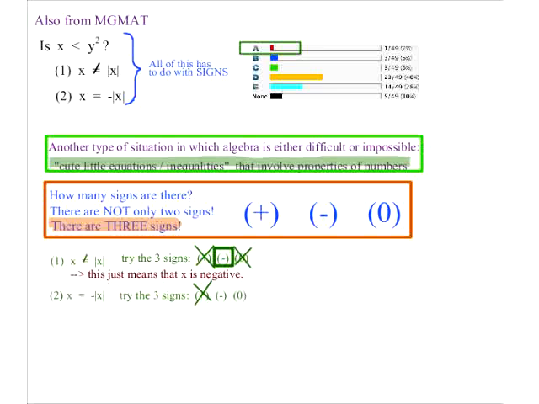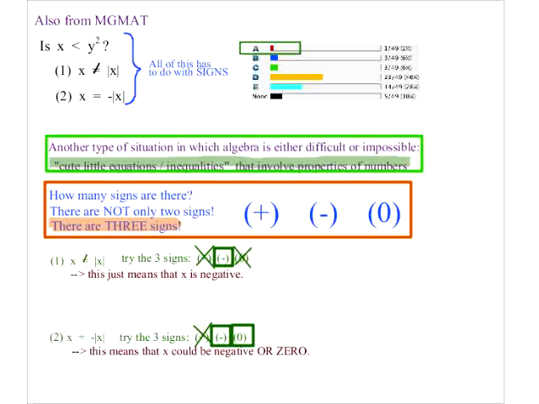The difference this time, though, negatives still work, but if you plug in 0, 0 also works. Like, if you plug in 0, then negative 0 is still 0. 0 equals 0. That's a true statement. It works. So this means that x could be negative or 0. And that turns out to make all the difference in the world on this problem.